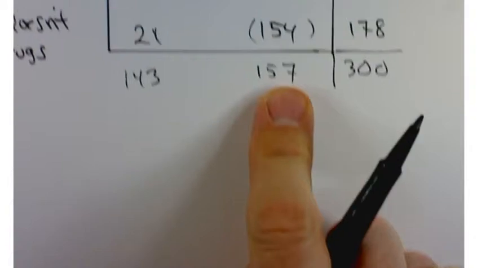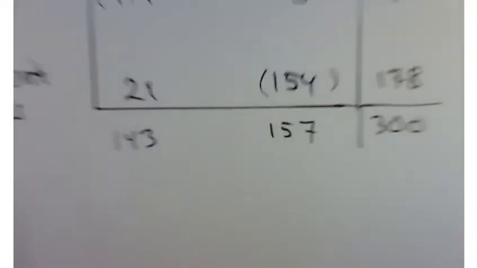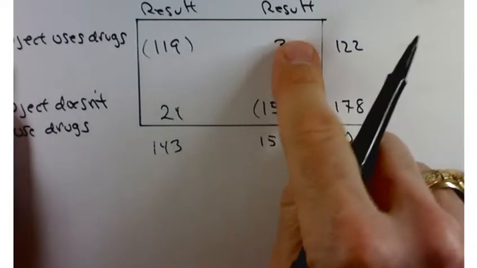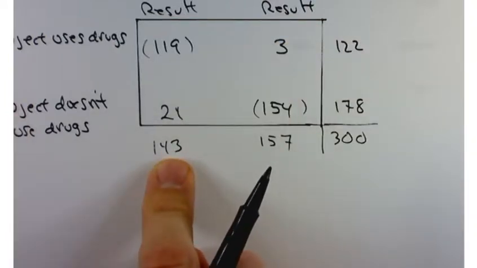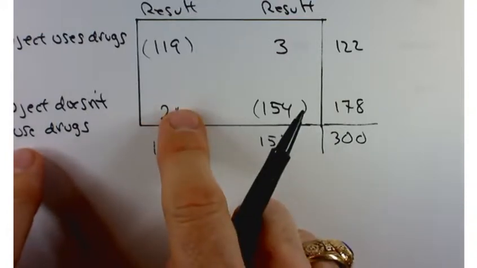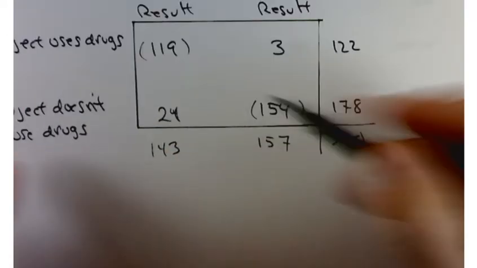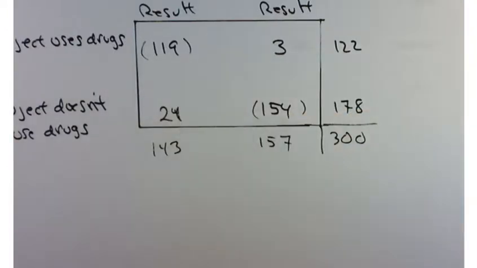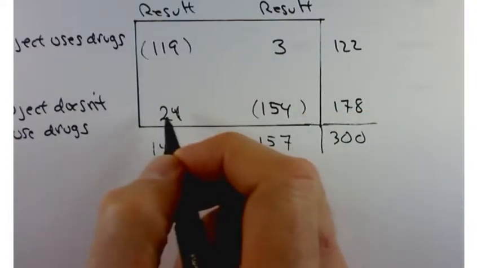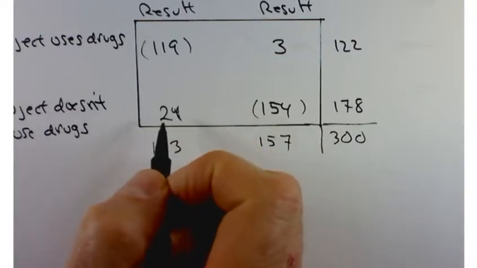They told you there were 157 negative results, with 3 false negatives, and 143 positive results, with 24 false positives. So basically the subject didn't use drugs, and yet they tested positive. Okay, I'm not sure I said that last one right. 143 positive results, 24 false positives.